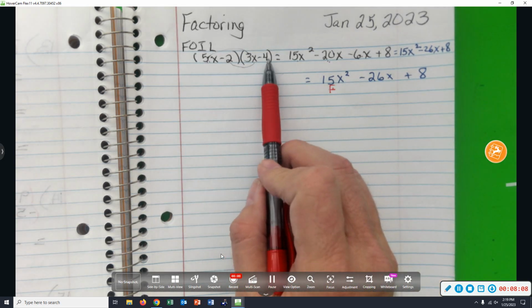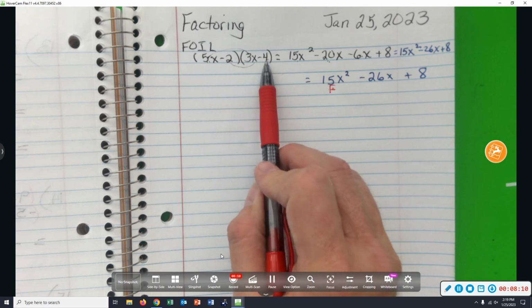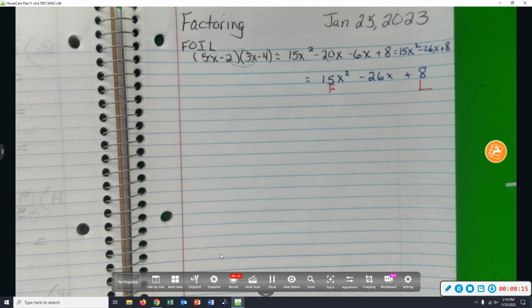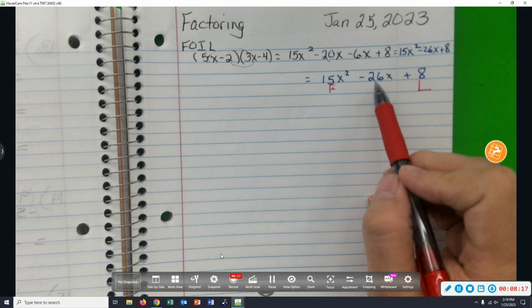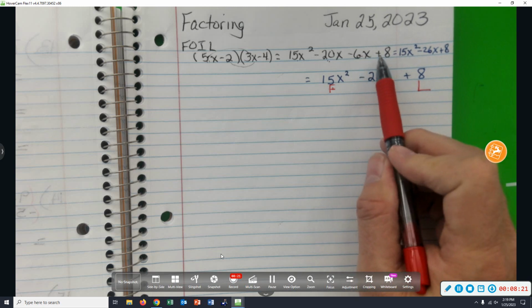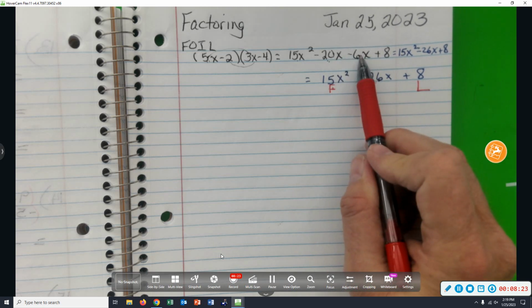When you multiply the last two terms, the negative 2 and the 4, you get the last number. The middle term you get by combining the outer and inner.